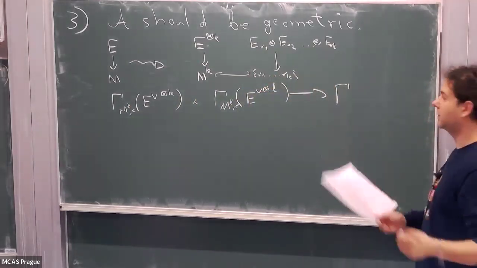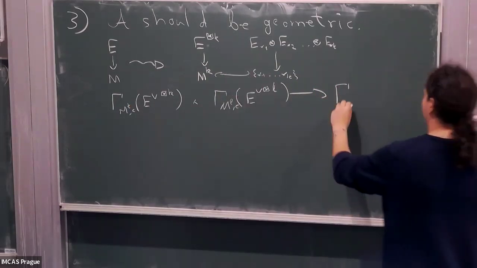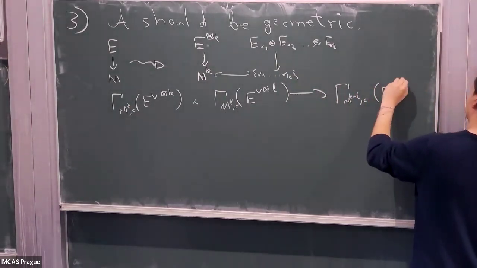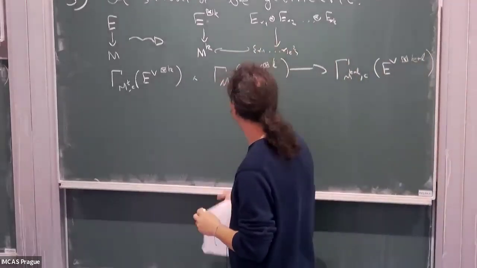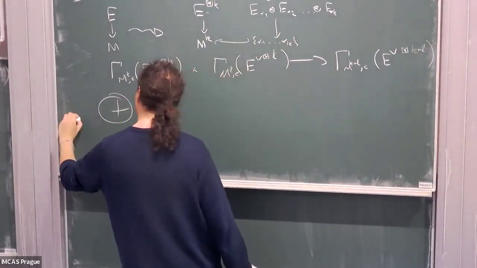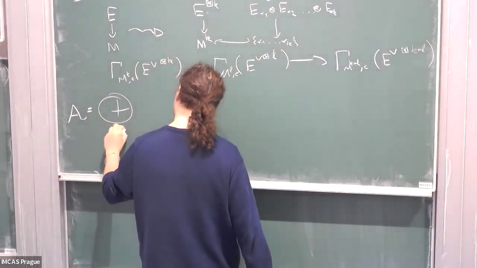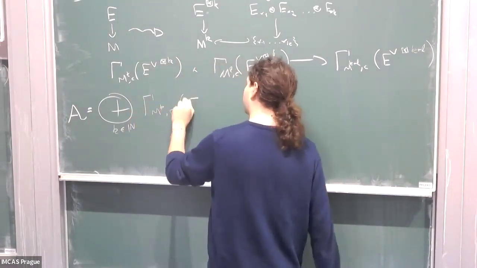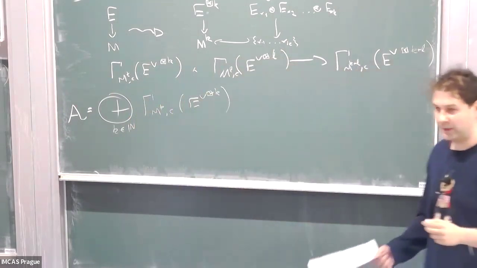We have something in k variables, we have something in l variables, we put it together, we have something in k plus l variables. So basically, if we just take the big sum over all integers of those spaces, that would give us an algebra.